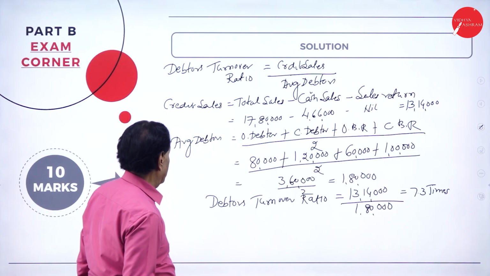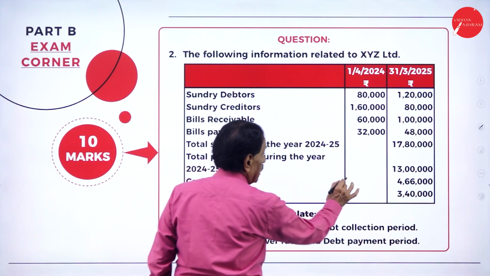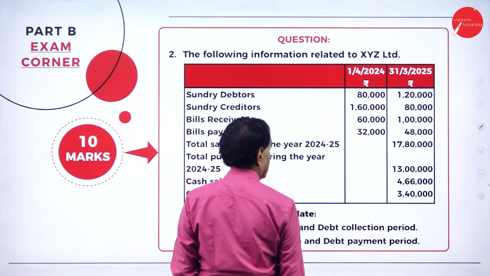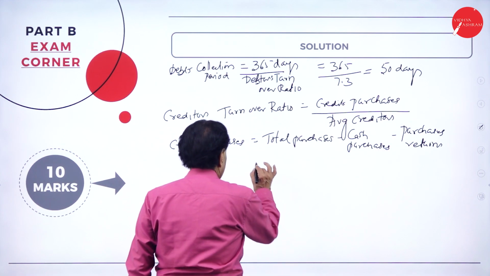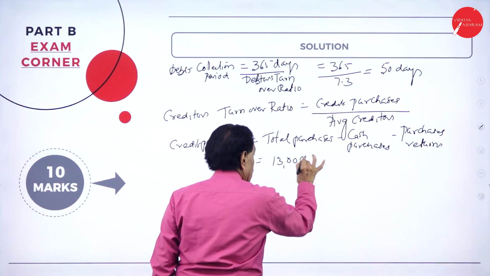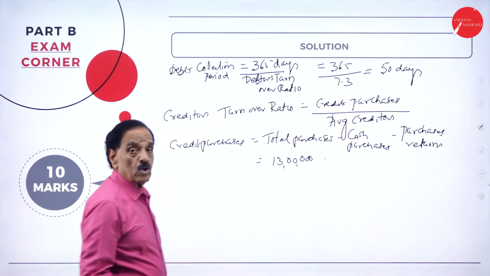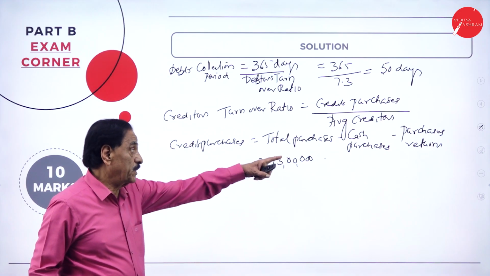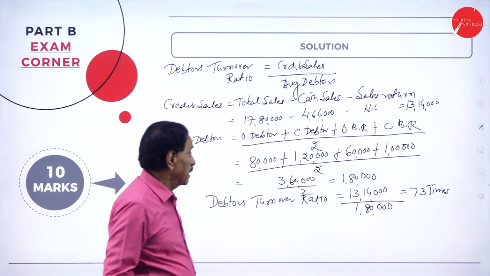What's your total purchases? 13 lakh. Formula, total purchases minus cash purchases minus purchase return.